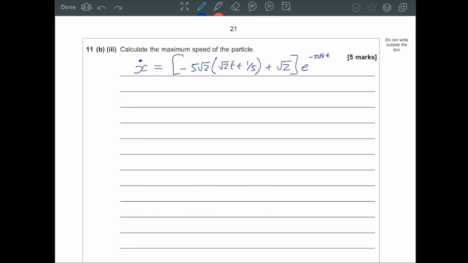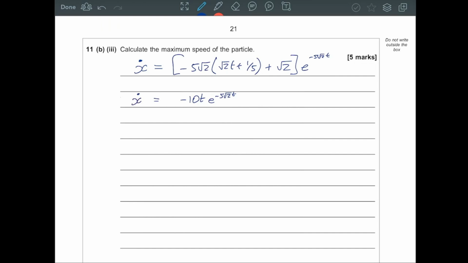Calculate the maximum speed. So let's simplify this a little bit. That's going to be negative 10t, which gives me negative root 2 plus root 2. So it's just negative 10t e to the negative 5 root 2.